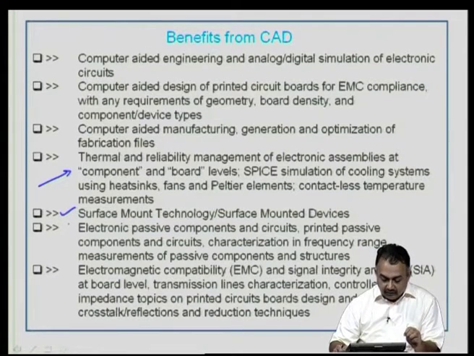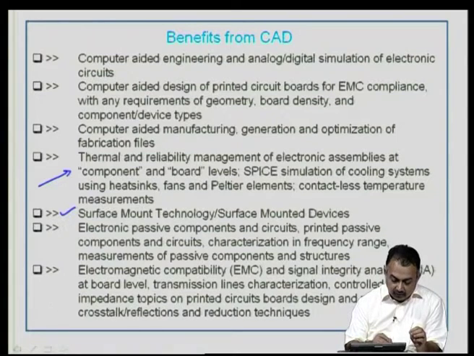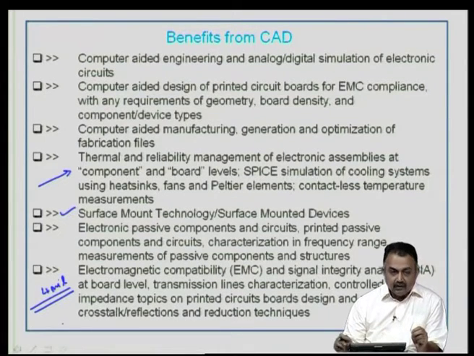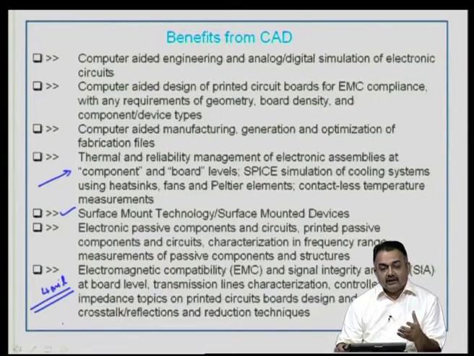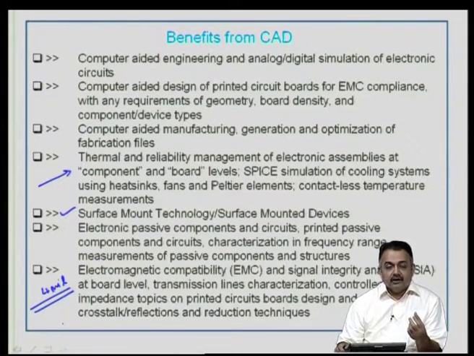reduction techniques. So, for example, when you draw two lines on a printed circuit board and let us say this is separated by 4 mils, that is 100 micron. Now, you want to realize and understand what is the crosstalk effect that is generated from these 4 mil line and 4 mil separation.